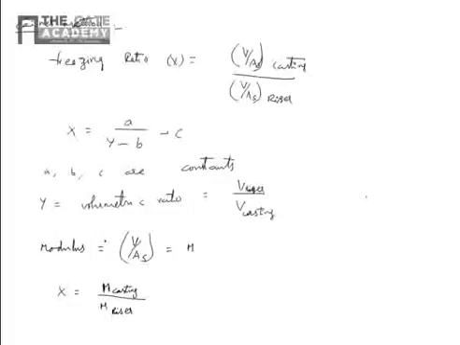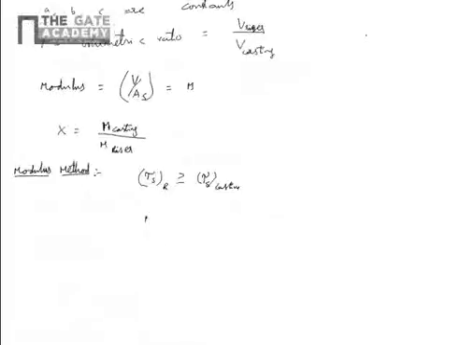Next method is the modulus method. As we know, solidification time for the riser has to be greater than solidification time of the casting. Solidification time is (V by AS) whole square, so (V by AS) whole square of riser is greater than or equal to (V by AS) whole square of casting.